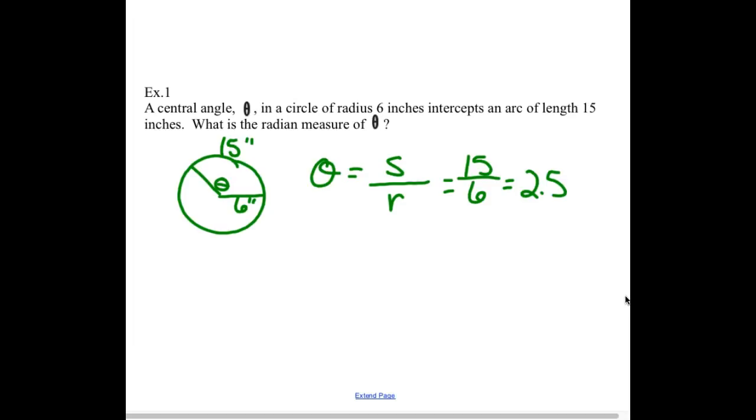So 2.5 makes sense. Now, there is no symbol for radians. At this point, I would like you to actually write the word radians with that, so you're keeping in your mind what you're talking about here. Okay? Questions so far?